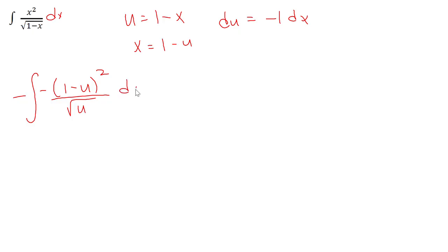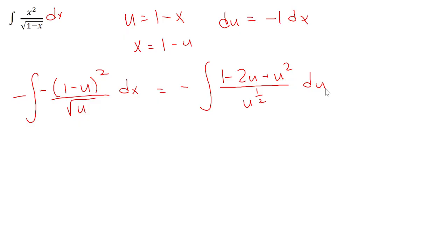So I should have done that before. So we still have the negative inside, the negative outside, and then that negative and that dx will turn into our du. So our numerator will end up distributing out to be 1 minus 2u plus u squared. Now we have a du there over u to the 1/2.